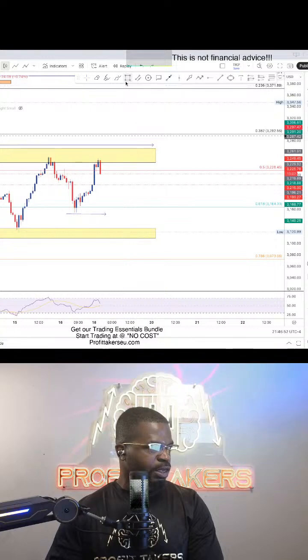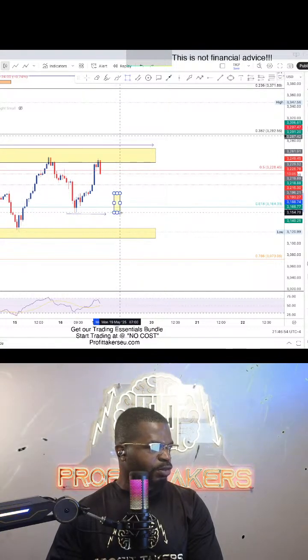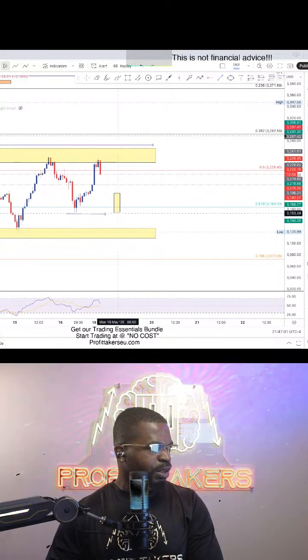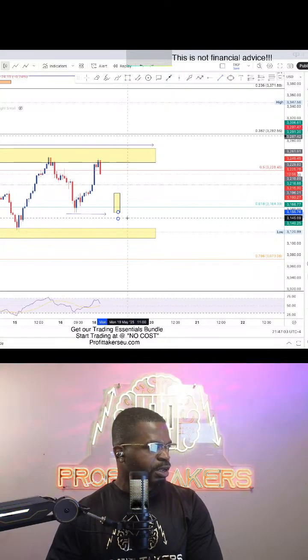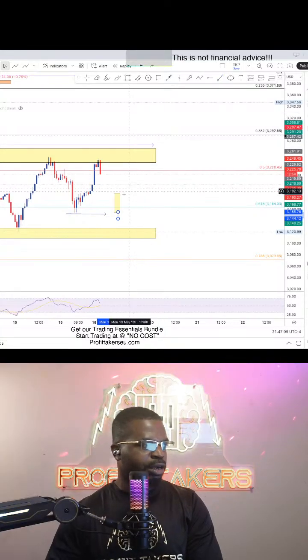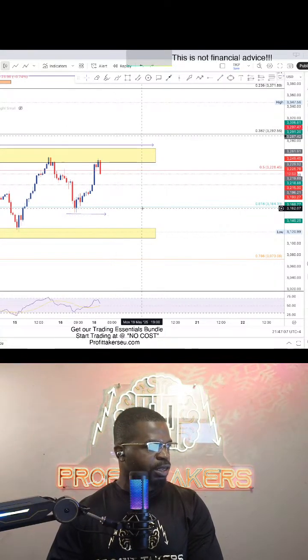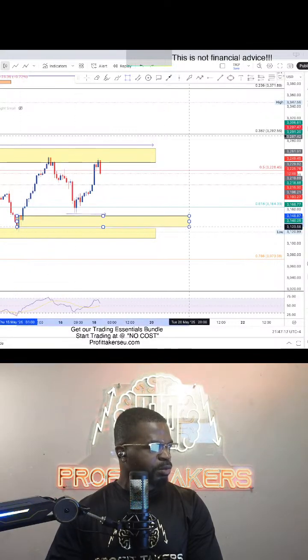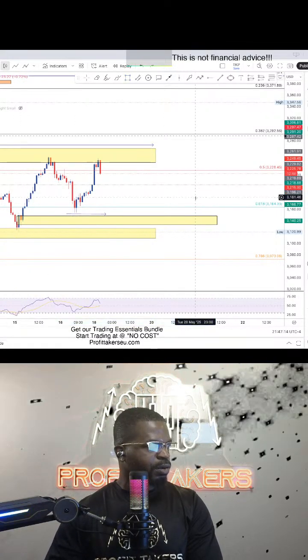We could see a candle that closes around this low, but we could get a wick that retests this move right here, and then a shot up. So we're going to watch that on gold.